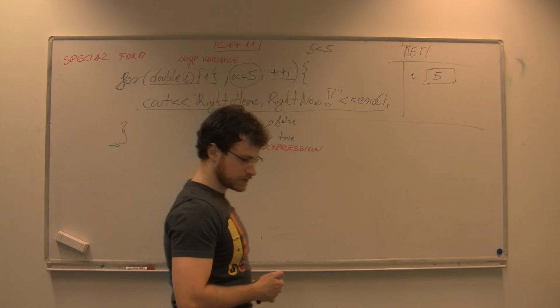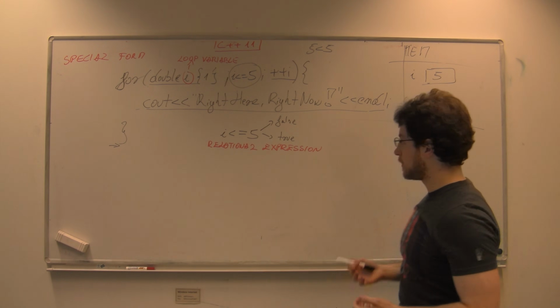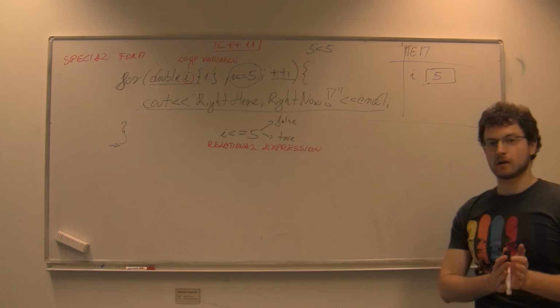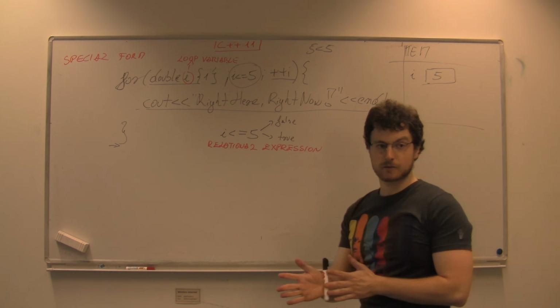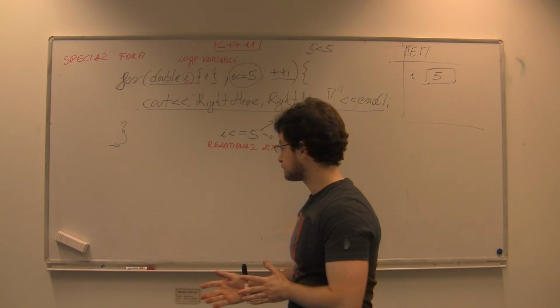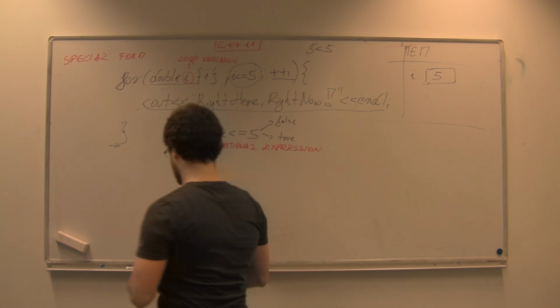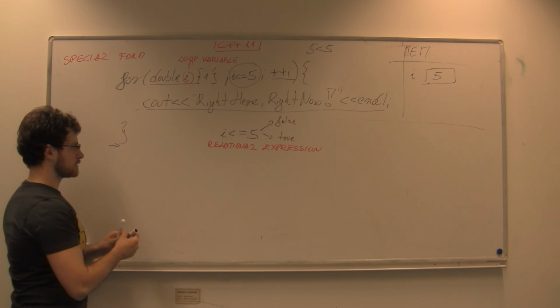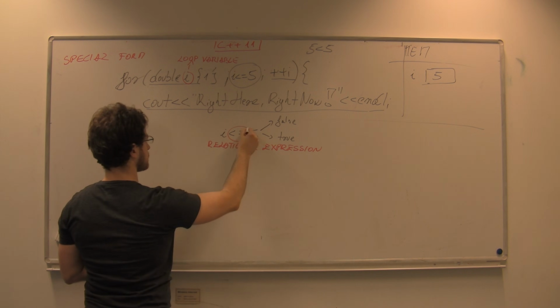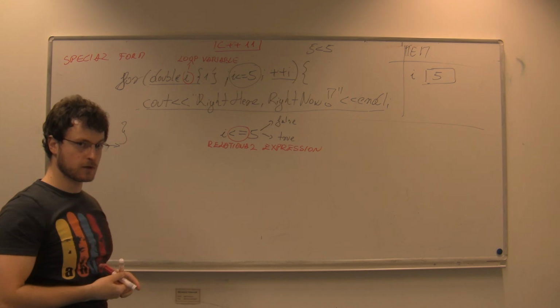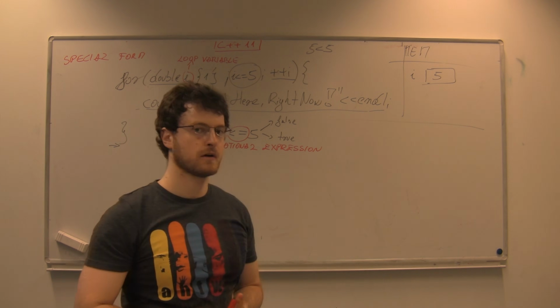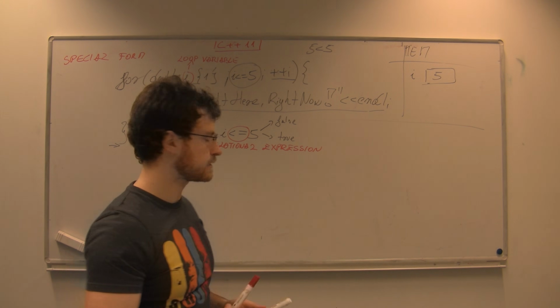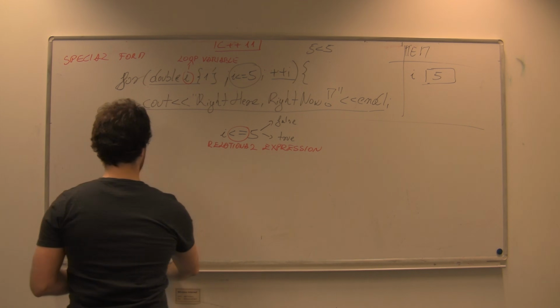For now, let's just develop a more profound understanding of these relational expressions. The key part of our relational expression is a relational operator. In C++, we have all the common relational operators we've already encountered in mathematics, but let's just enumerate them.